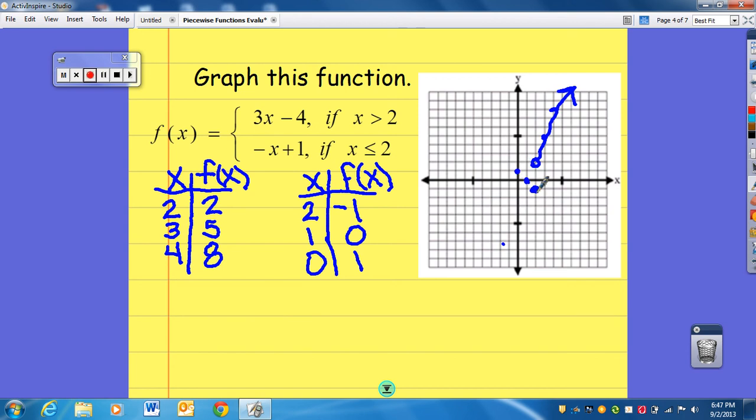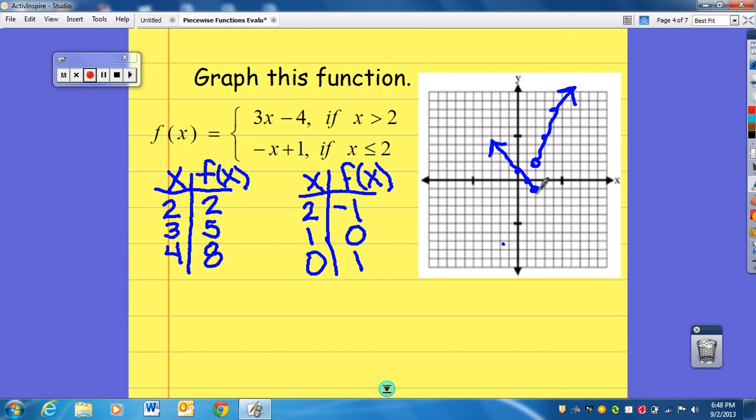And I'll start drawing at my endpoint, this time going with my values in this direction. Please make sure to put an arrow on that end showing it would go to the left, to infinity. So again, the importance of my first equation and this part of the piecewise function: x is greater than 2, so I'm going to use an open circle and then I'm going to draw to the right as my x values increase.